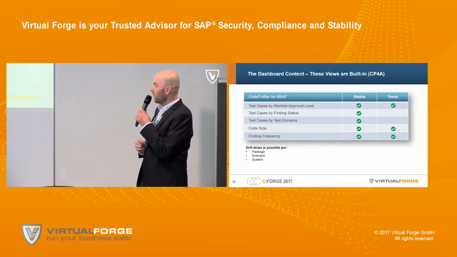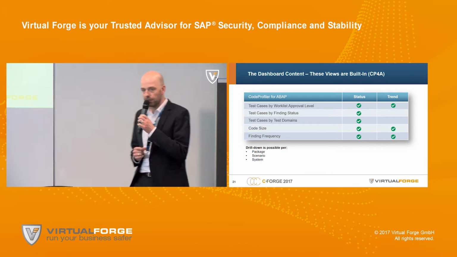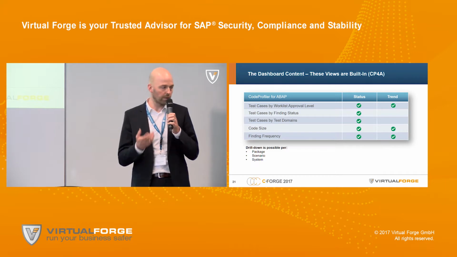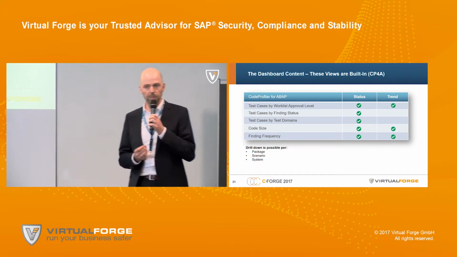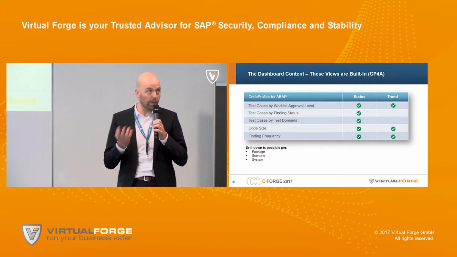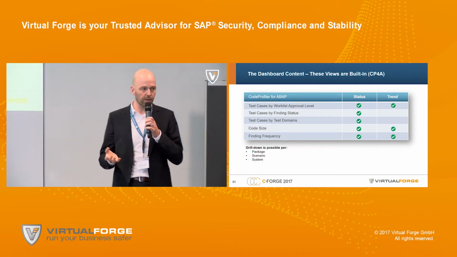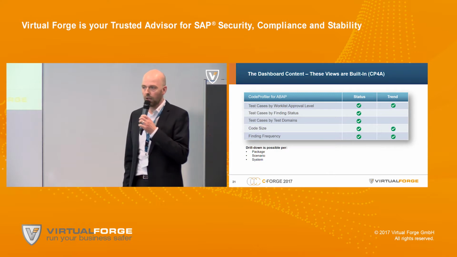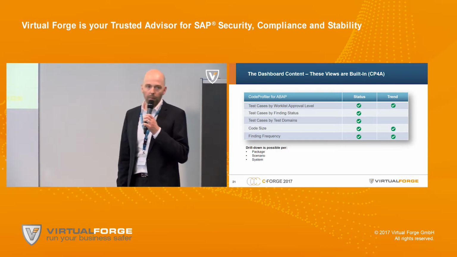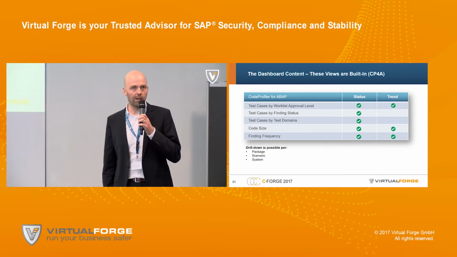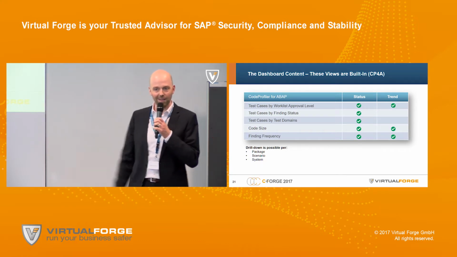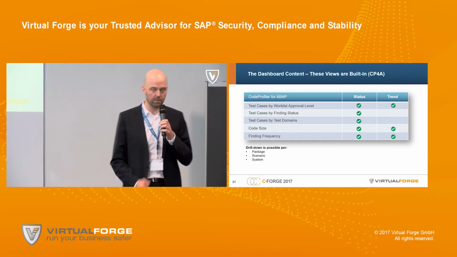Then we have a distribution of the findings by their status. Within CodeProfiler, you do status management and you set certain findings to no issue, and others to they should be fixed, and so on. So you can see how many findings were moved aside and how many are really in progress.